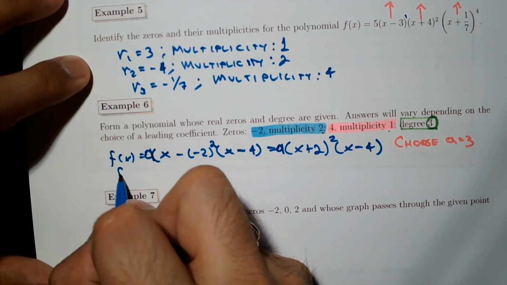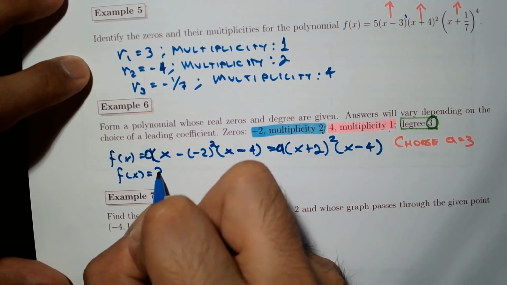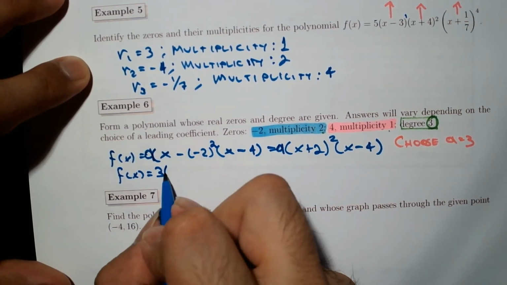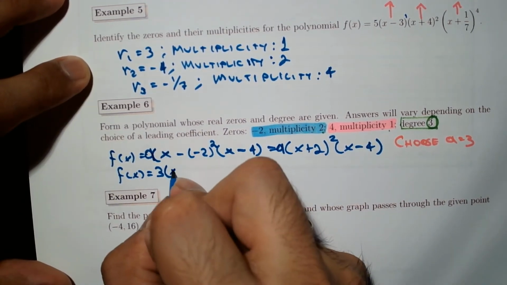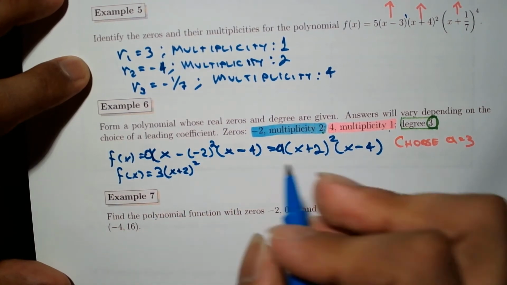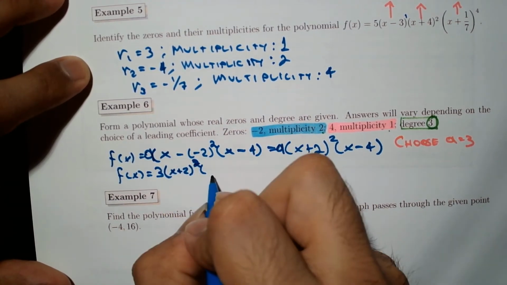So I'm going to have f of x equals 3, and I'm going to expand this. First I'm going to have it this way, x plus 2 squared times x minus 4.